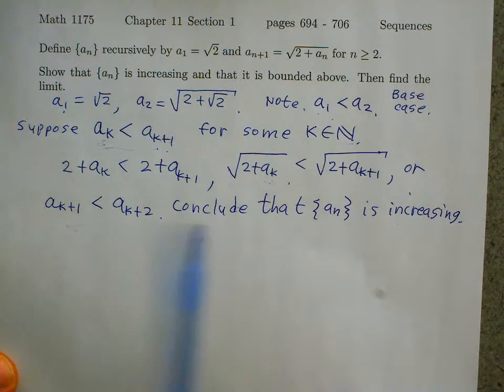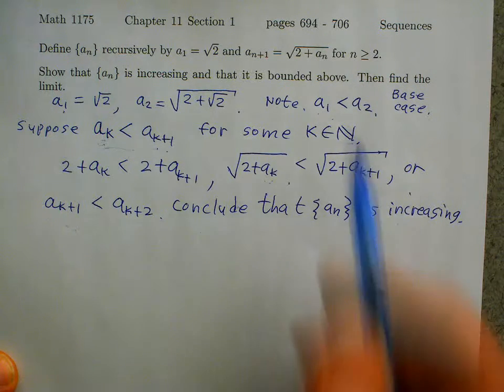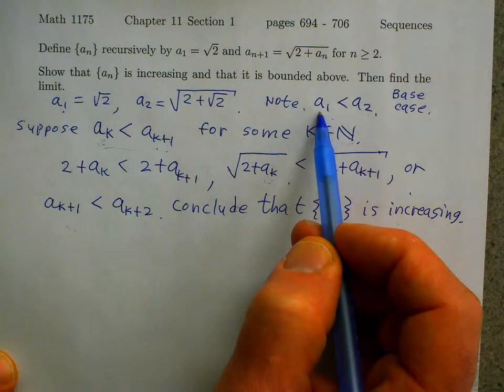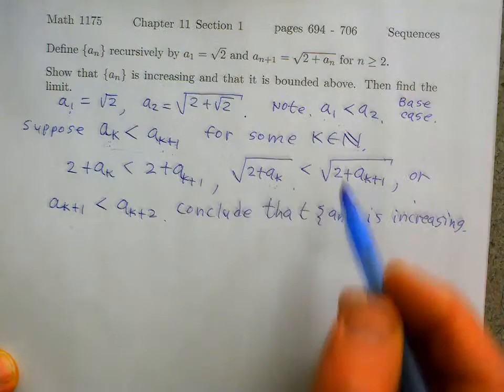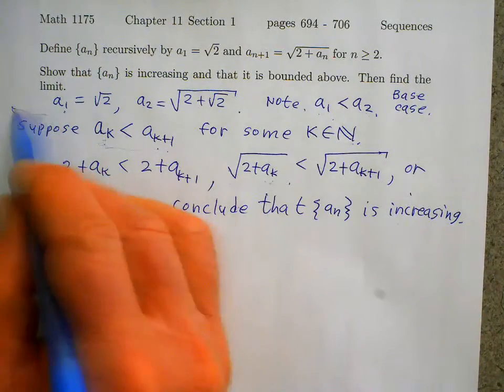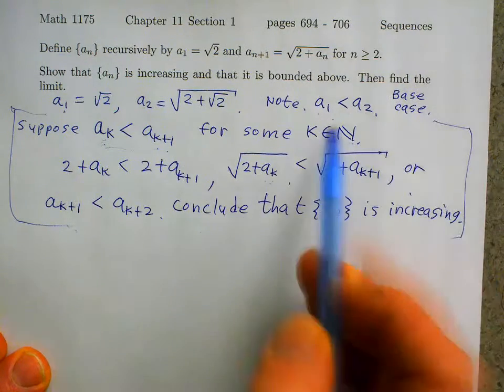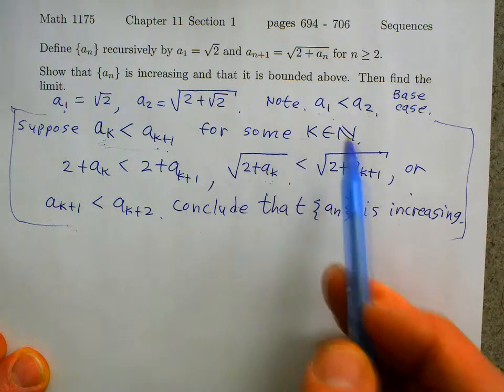Okay, so what this is telling us then, since we showed that it's true for the base case, a sub 1 is less than a sub 2, this argument right here shows that a sub 2 is less than a sub 3.